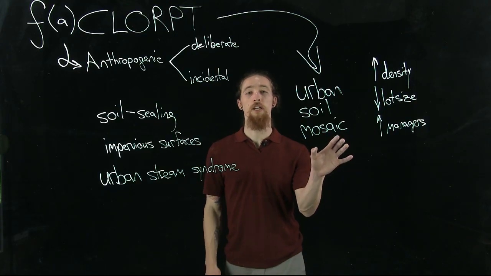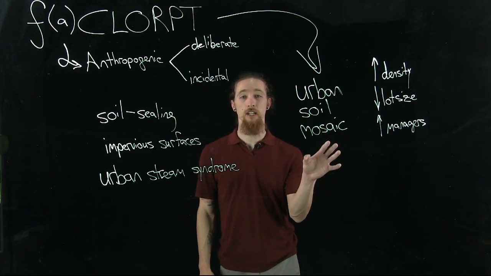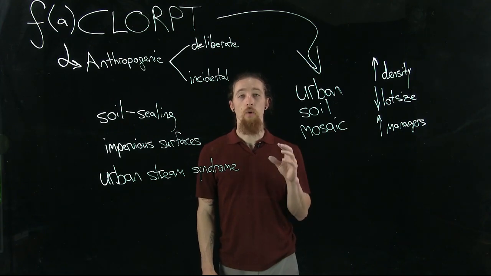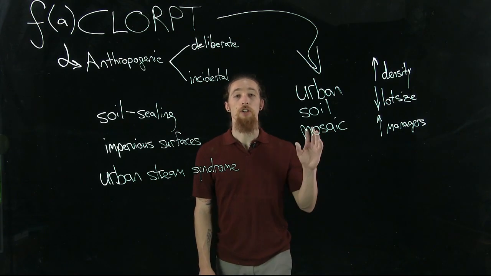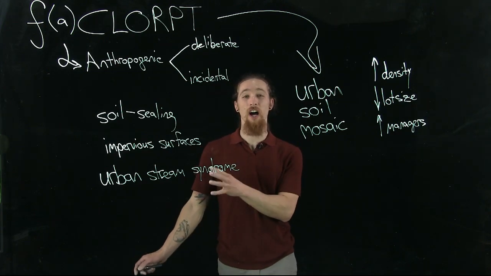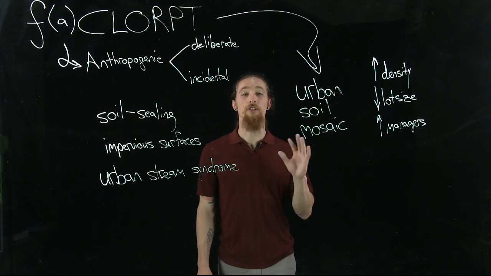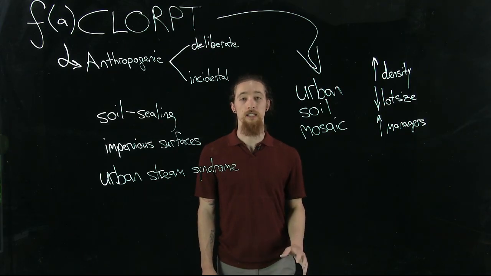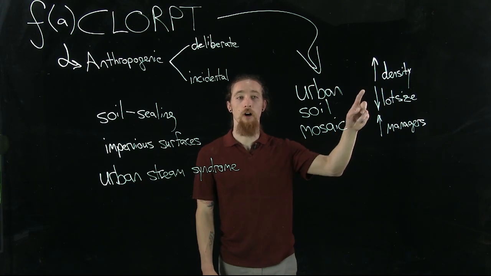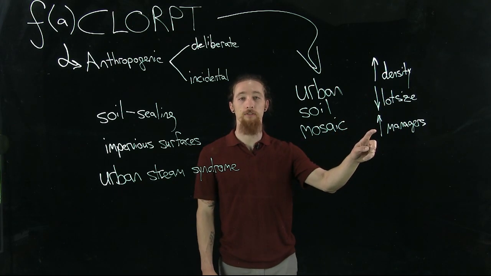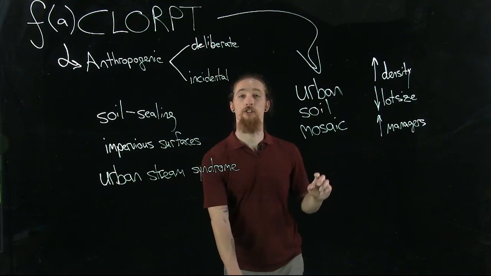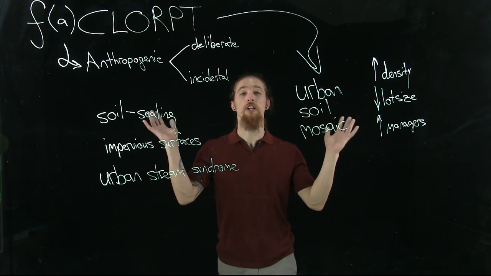This urban soil mosaic is a central tenet to understanding urban agriculture, to understanding your interaction with soil in an urban environment. You need to know that basically traditional knowledge of how soil works does not hold true in the city. You're going deeper into the city, everybody's sizes get smaller, and thus the number of people making different decisions about what to do with their land increases, and the trajectories of these soils diverge immensely.